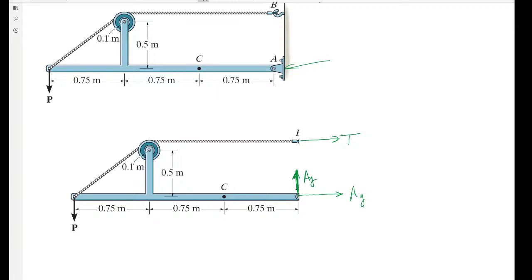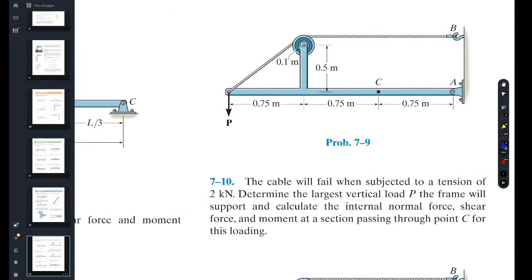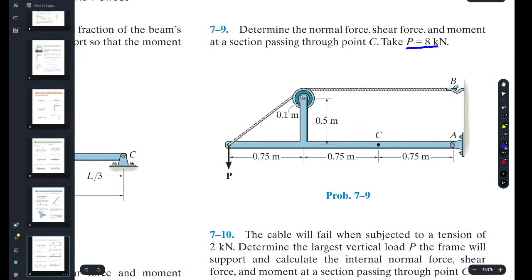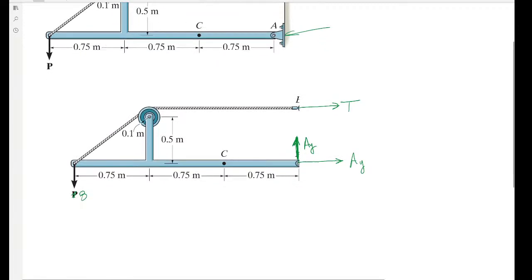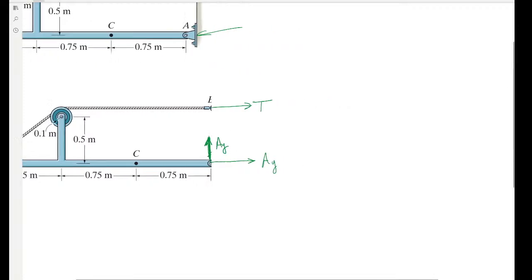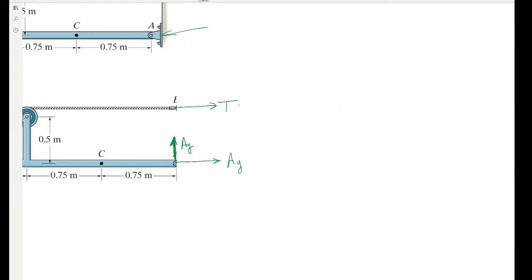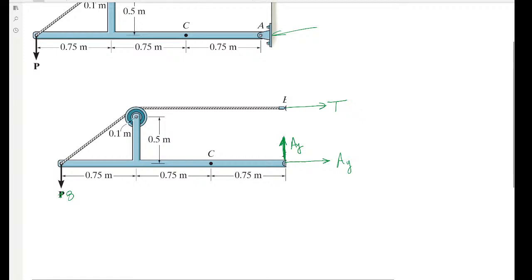And in the problem statement, he stated that 8 was the load here. So this is just 8. So if I come up here first and I'm looking to find the 3 values here, the simplest thing to do is sum of the forces in the y equaling 0, and the internal forces are fine.